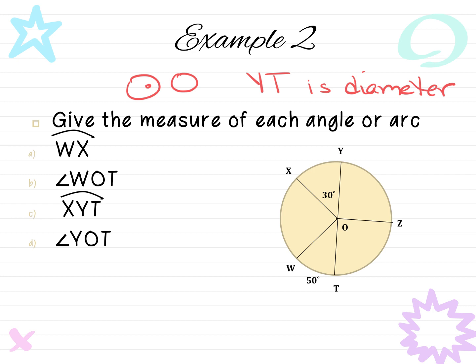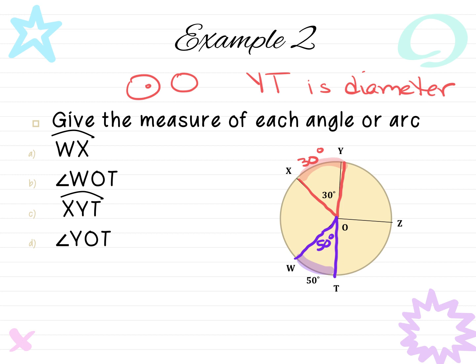So because O is the center, here's a central angle, XOY, and then this arc measure would be 30. Then I also have an arc measure here of WT. So then I could also show that this central angle here, WOT, is going to be 50. So this would be its corresponding arc. And then the corresponding arc for here is the 30.